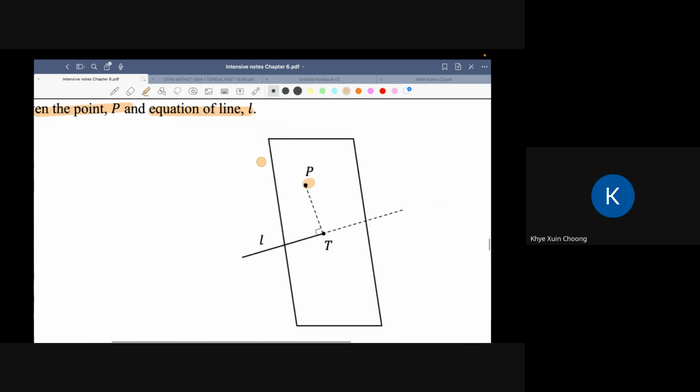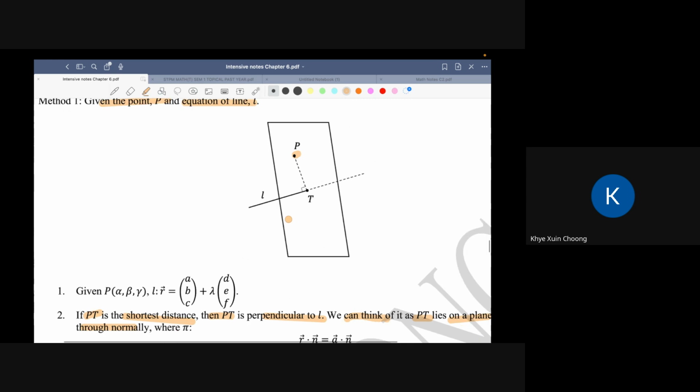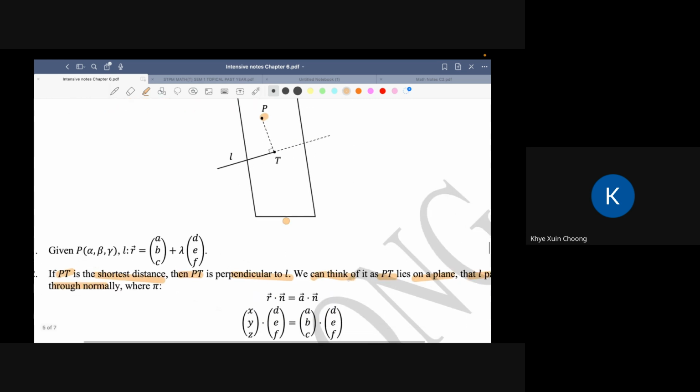We can think of it as there is a plane that PT lies on, and the line just passes through the plane normally.